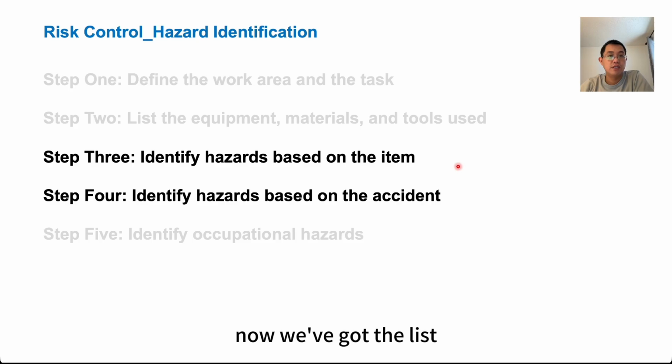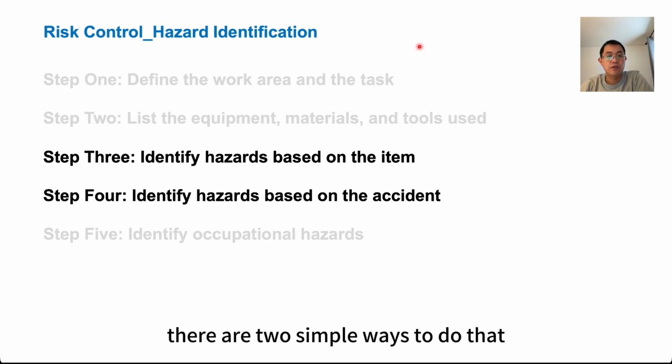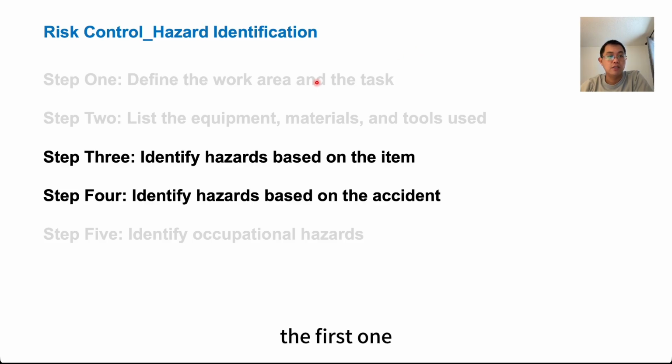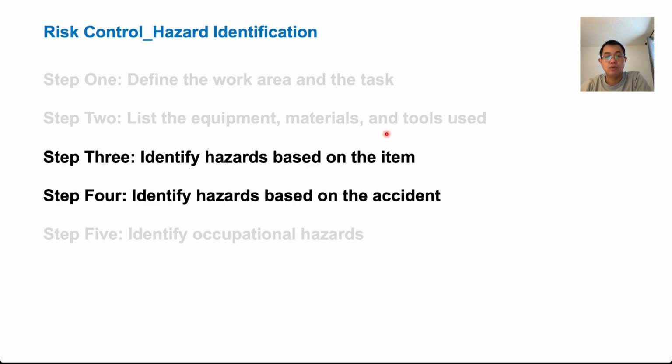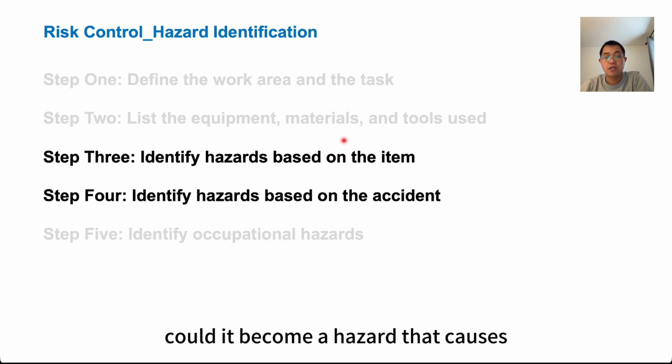Now we've got the list, and then we can identify hazards. In general, there are two simple ways to do that. The first one, which is step 3, is to start from the items on the list. We look at each piece of equipment or material, tools, and ask a simple question: could it become a hazard that causes injury or harm when we use it?